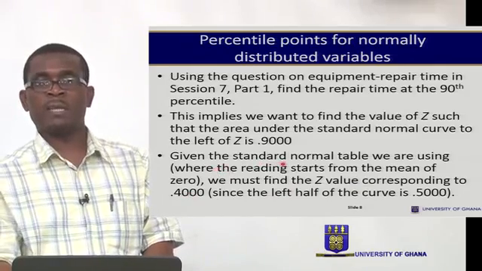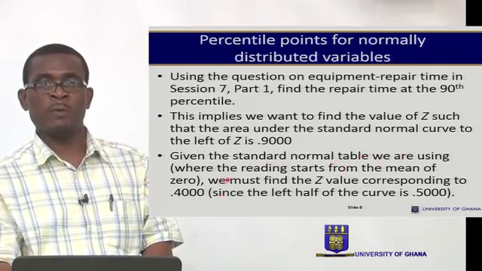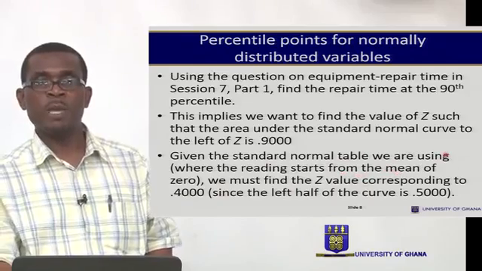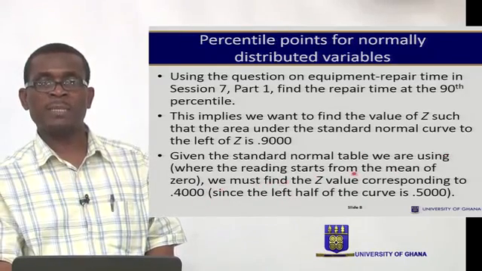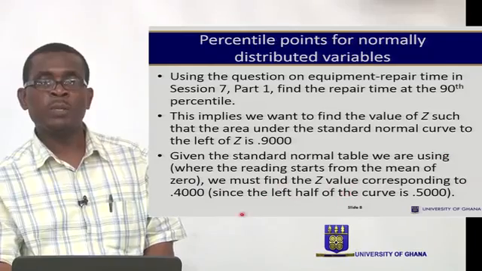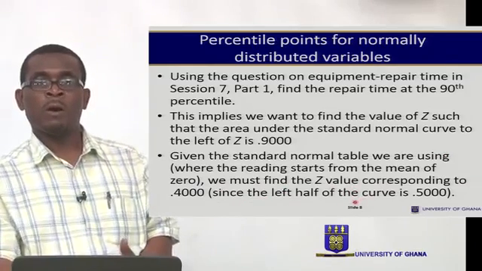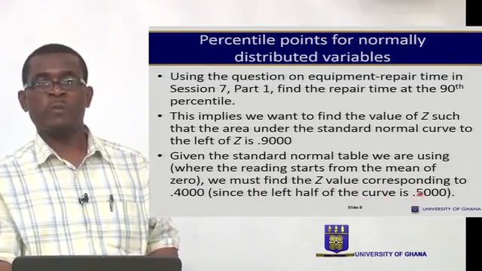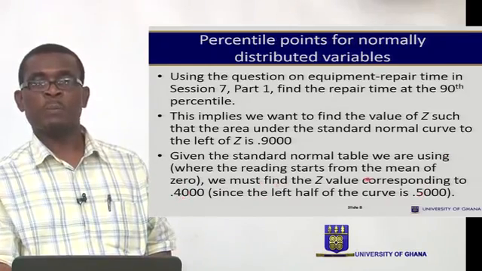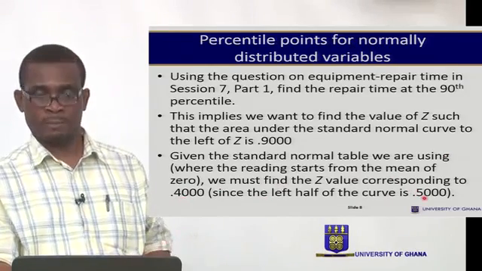So we're saying that given the standard normal table we are using, where the reading starts from the mean of 0, we must find the z value corresponding to 0.4, since the left half of the curve is 0.5. So if you add your 0.4 to the 0.5, you still get your 0.9, right?